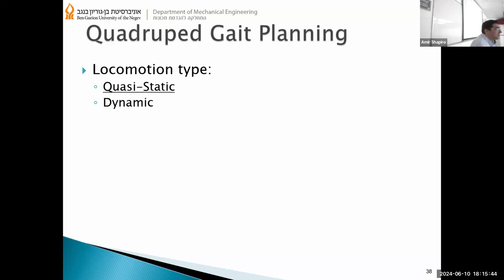On the other hand, there is the dynamic type of motion, where the robot uses its inertia, its dynamics, in order to conduct the motion, like jumping, running, falling, and so on.